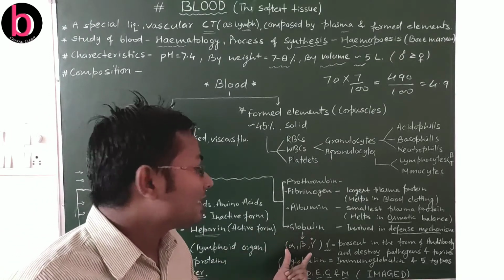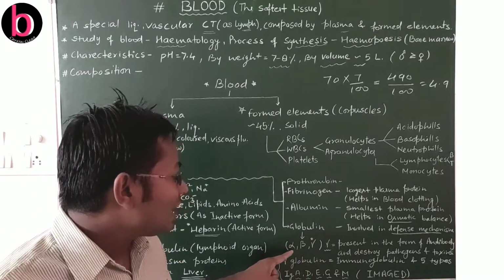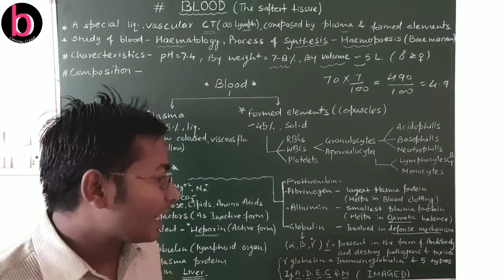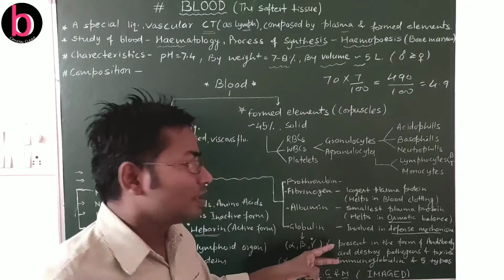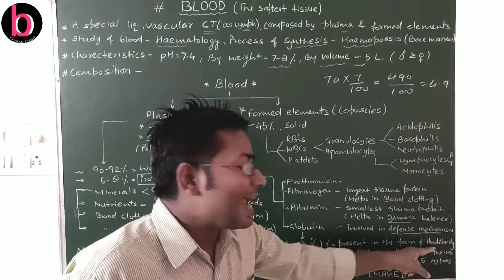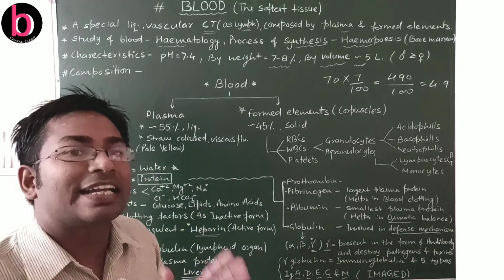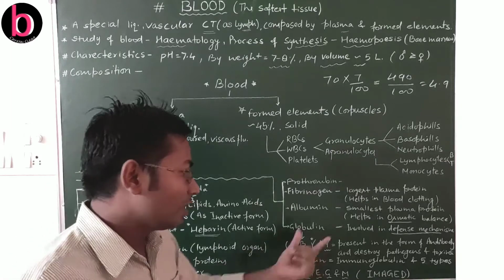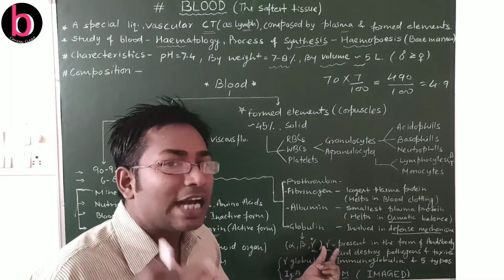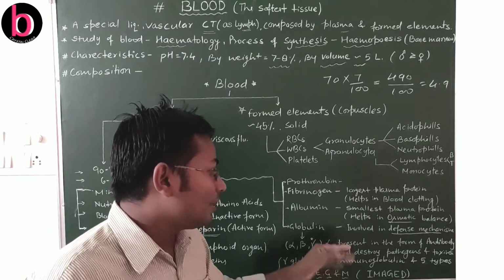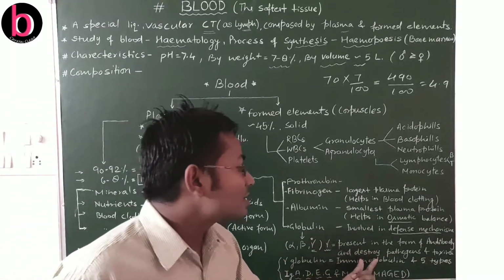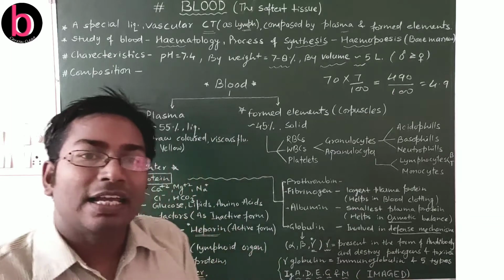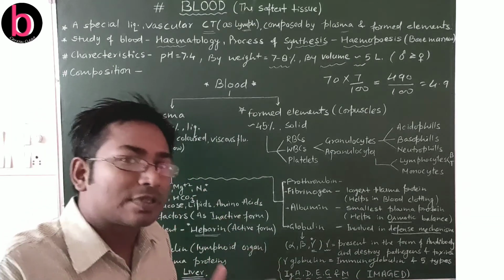There are 3 types of globulin: alpha, beta and gamma. Out of these 3, gamma is present in the form of antibody. We will discuss antigens and antibodies later. Here you just have to memorize that gamma globulin is present in the form of antibody and it destroys pathogenic as well as toxic substances.